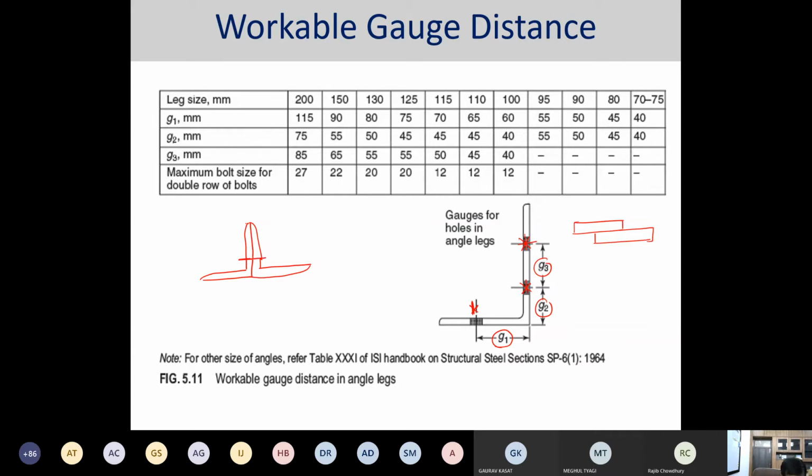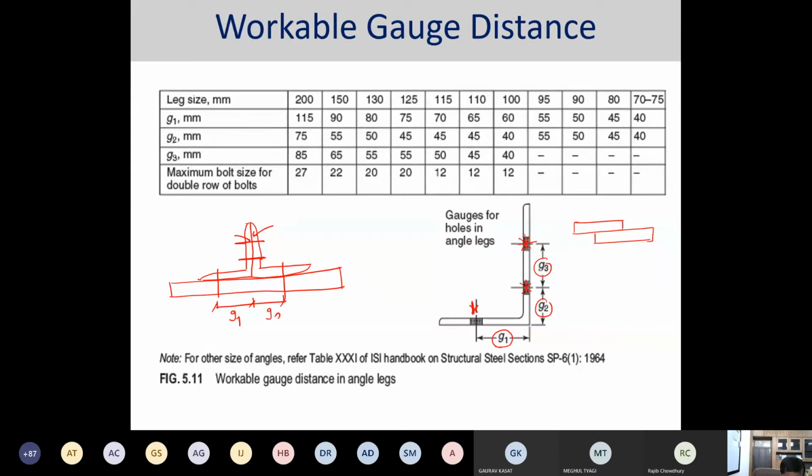Here I will be providing two angle sections. This is one angle section, and that is another angle section. Two bolts I will be placing over here, and if these two angle sections are connecting another plate, I will be placing another bolt at a gauge distance G1 from here and at a distance G1 from here.